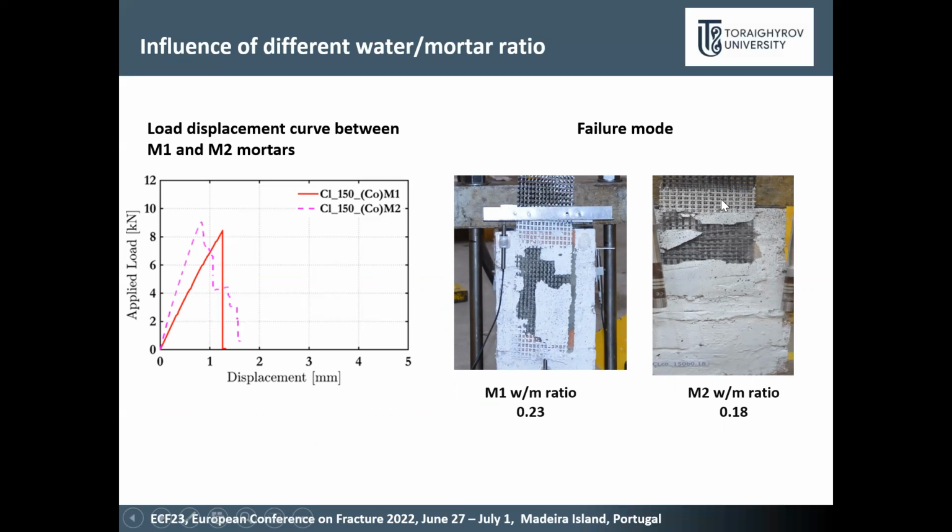However, when we change the mortar matrix to M2 mortar, we can see that firstly, the displacement decreased by almost 50%, and the detachment occurred only partly, and then the remaining part was sliding.